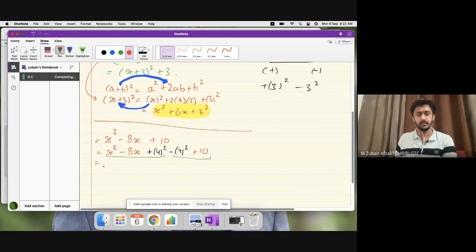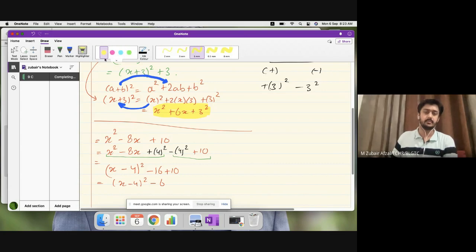So closing the first three, you copied x, you copied the negative sign, you copied the number 4 whole square minus 16 plus 10. Finally, x minus 4 whole square minus 6. If you have to refer back, where are these numbers coming from?